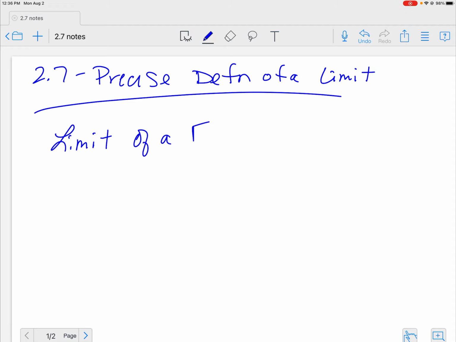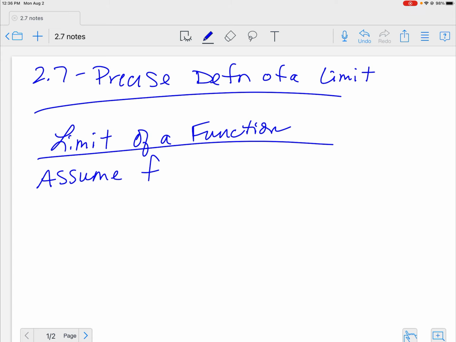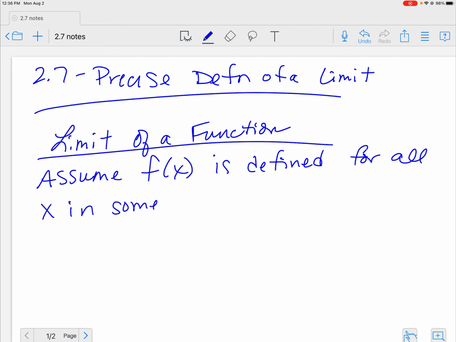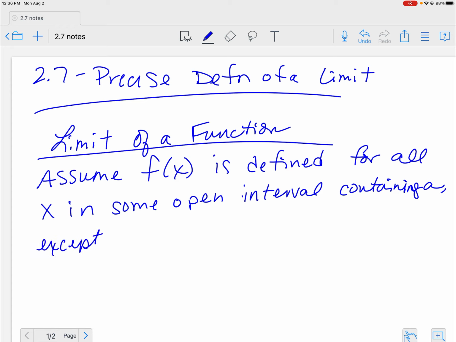So, limit of a function. I'm going to write the definition because it's good to know. We are going to assume f of x is defined for all x in some open interval containing a, except, just like everything else, possibly at a.